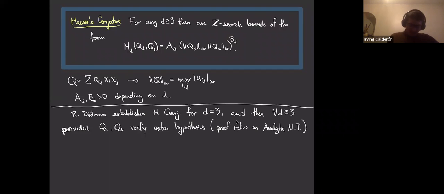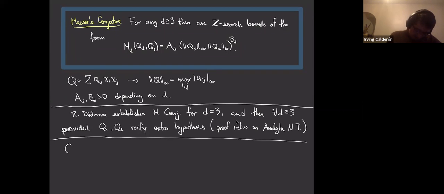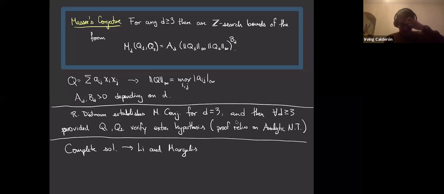Okay, but the complete solution of Masser's conjecture is due to Li and Margulis. And the solution is what I call here theorem A. It is in fact a simplified version of the result.